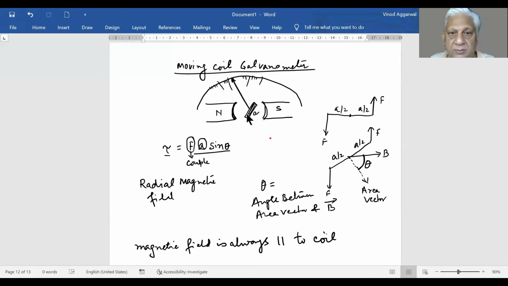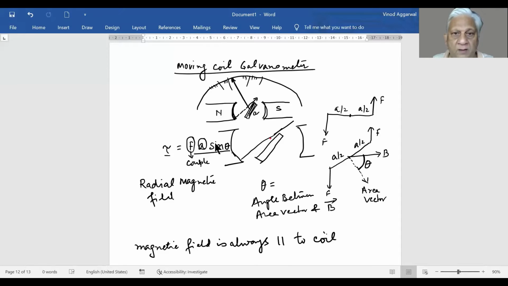Meaning thereby, if, suppose, this is the position of the coil, the magnetic field will also be like this, parallel to it, because of the special construction of the magnet. This is the coil, and the magnetic field will be like this.